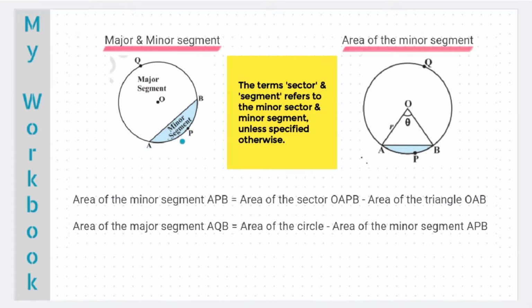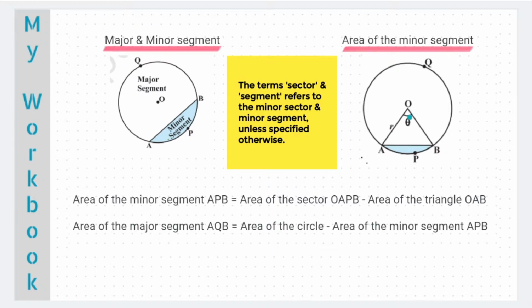Now, how to find the area of this segment, this blue colored region? We have to compute the area of the sector OAPB. Formula is theta by 360 into pi r square. Then we take away the area of the triangle OAB from that.